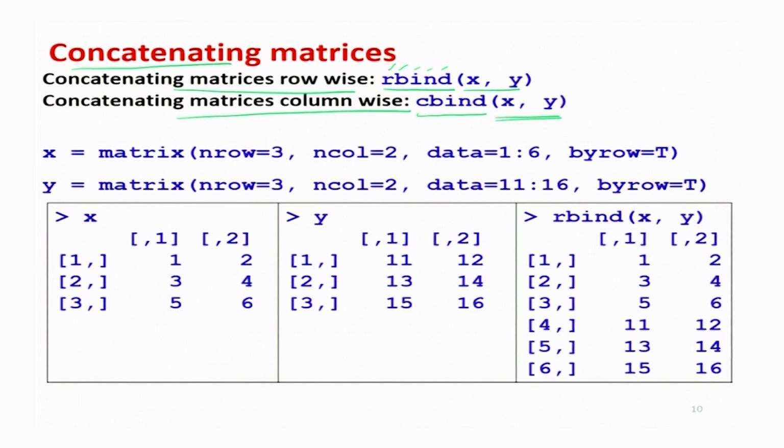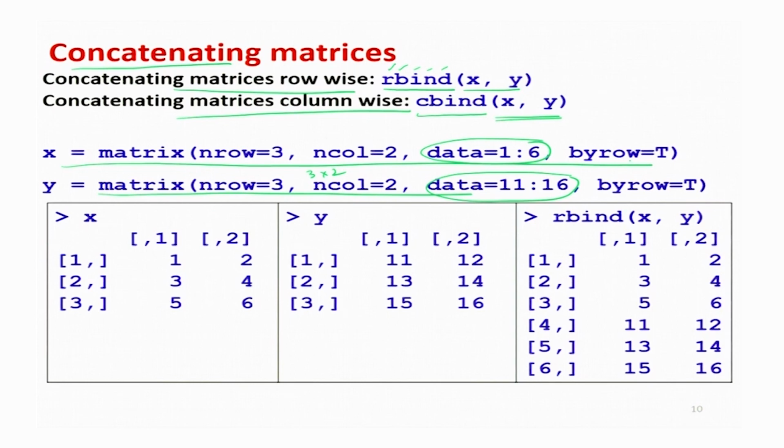So, we try to understand this operation through this example. Let me create two matrices x and y. x and y both are of order 3 by 2, and in the matrix x the data values are from 1 to 6, and in the matrix y the data values are from 11 to 16, which I have taken intentionally so that you can very easily identify which matrix the elements correspond to.